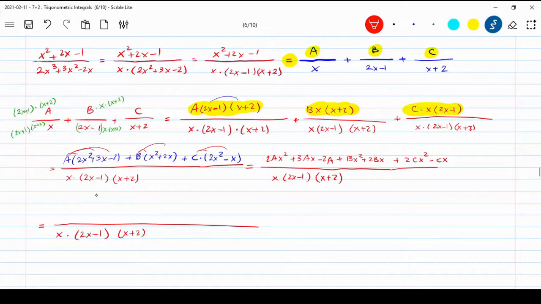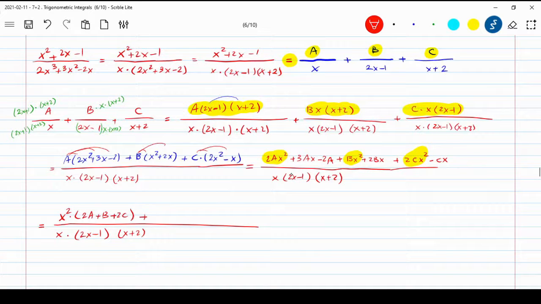What is the numerator? Let's factor out the terms that are similar. This term contains x squared, this term contains x squared, and this term contains x squared. So I'm going to factor out an x squared from all of them. I'll have x squared times 2a from the first one, plus b from the second term, plus 2c.